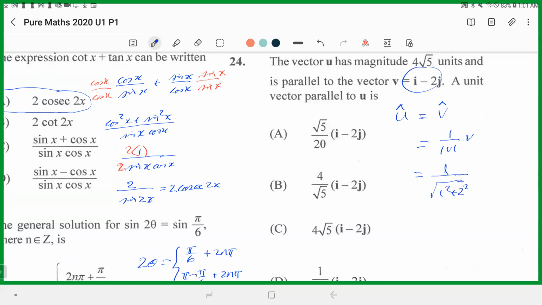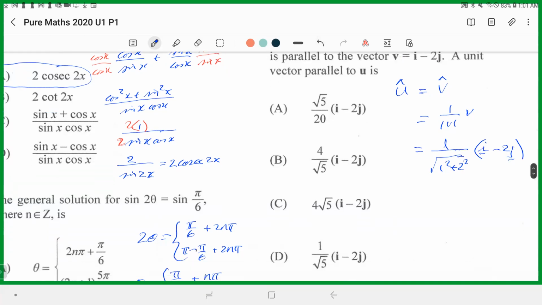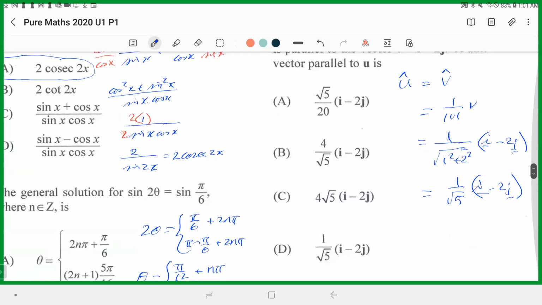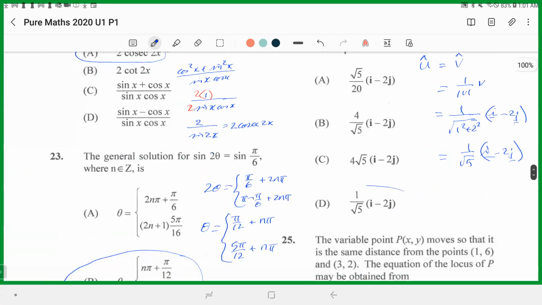You don't need to put the minus, because negative squared and positive squared are the same thing, right? And you put back the vector, which is i minus 2j. The root of 5, so 1 over root 5 times i minus 2j. 1 over root 5, right here.